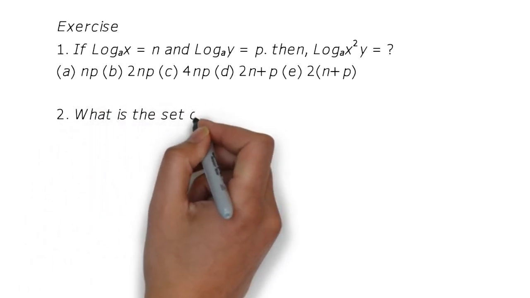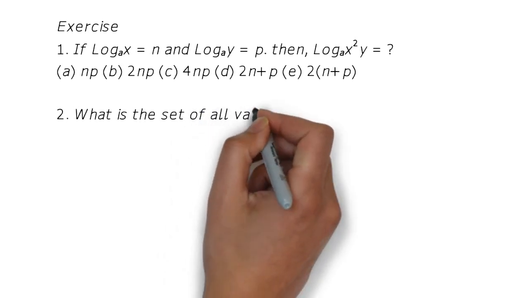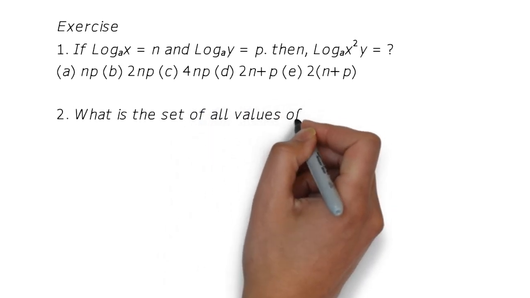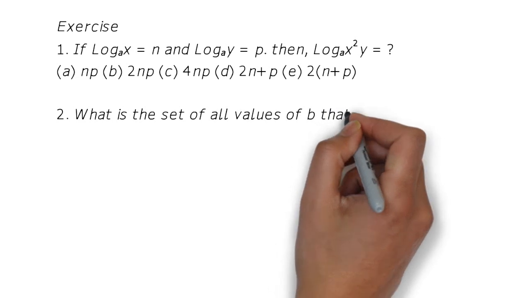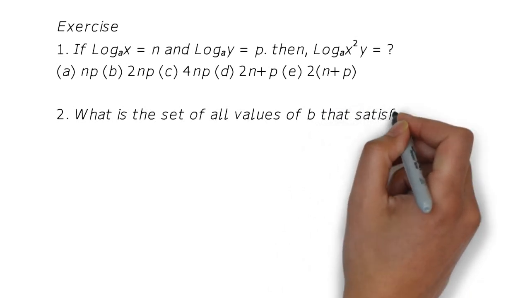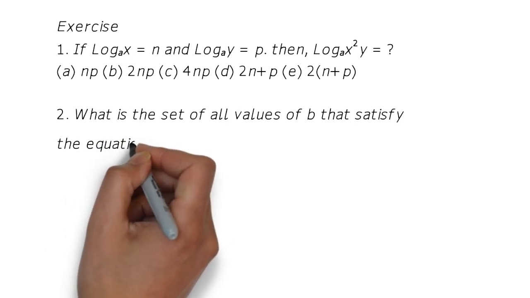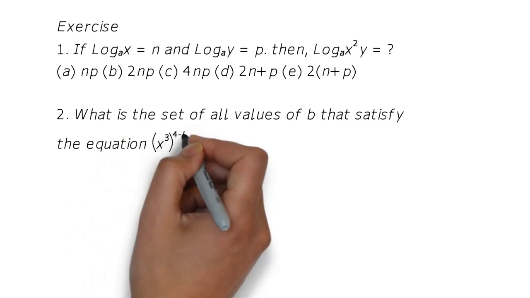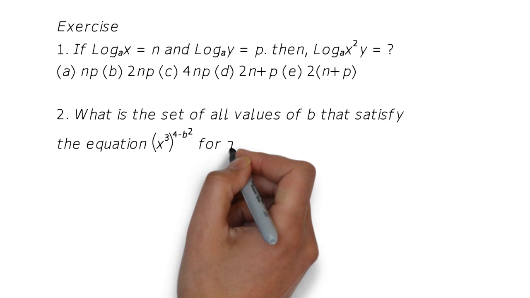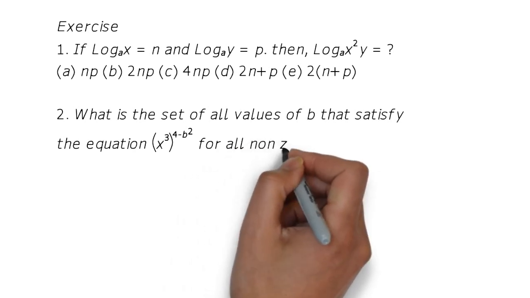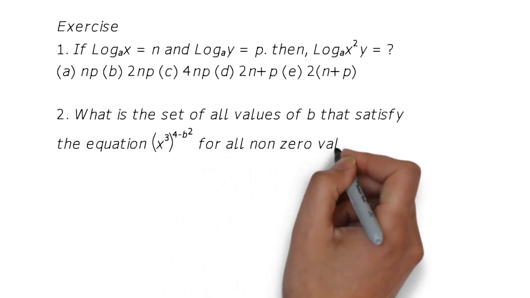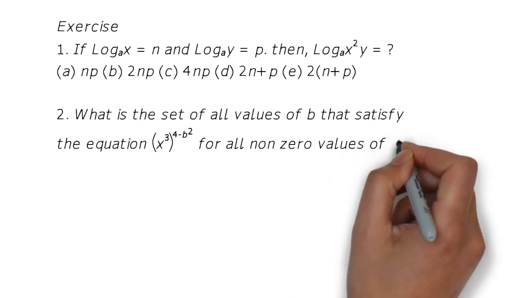Now also, question 2. What is the set of all values of b that satisfy the equation x raised to power 3 bracket 4 minus b squared for all non-zero values of x?